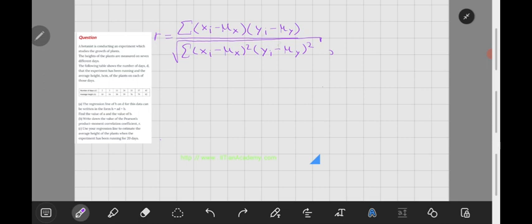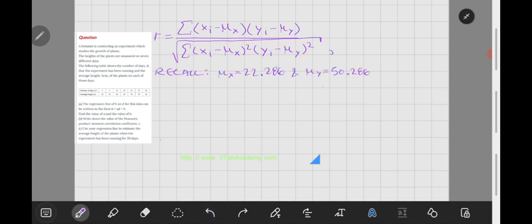For this equation, we must take the sum over a particular x value, x_i, where i is an integer between 1 and 7, minus the mean of x, and multiply that by the corresponding y value minus the mean of y, and divide it by the square root of, again, the sum of all our x values minus their mean squared, multiplied by the sum of the corresponding y values minus their mean squared.